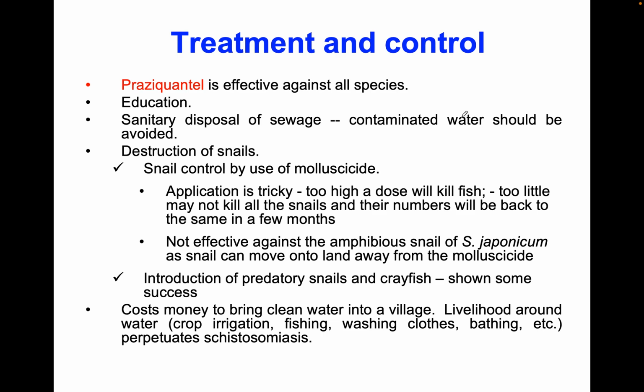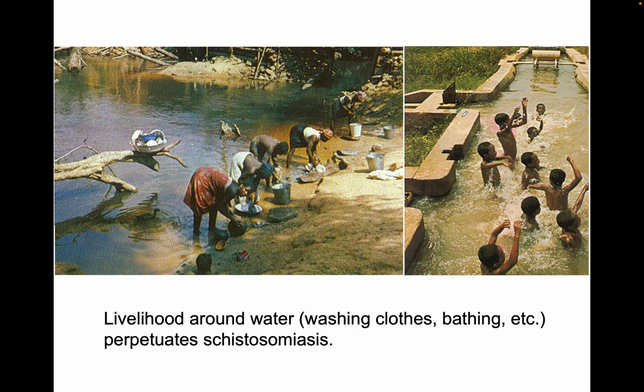We can use other livelihood options around the waters, like crop irrigation, fishing, washing clothes, and bathing, to reduce the chance of getting infection. And this is a picture showing some people who still have the lifestyle of washing clothes in the river and swimming in the water.